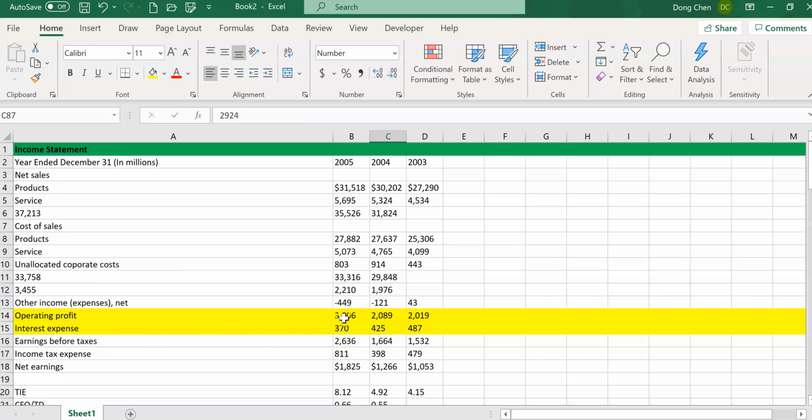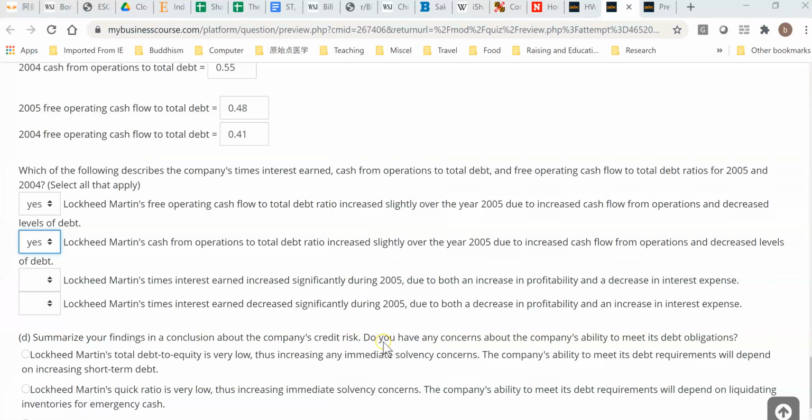We can see that EBIT has been going up, right? And the interest expense has been going down. So this is correct, right? Because the increase in profitability, that's the increase in EBIT, and the decrease in interest expense, explain an increase in TIE. And Lockheed Martin's times interest earned decreased, and obviously this is not correct.